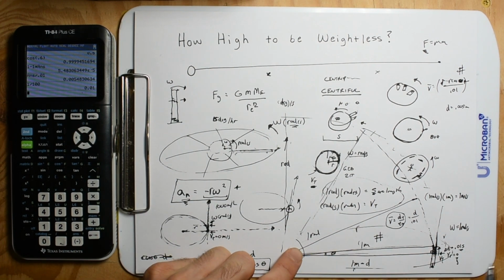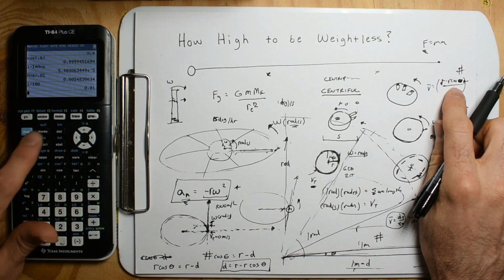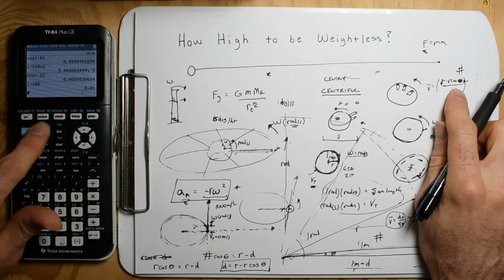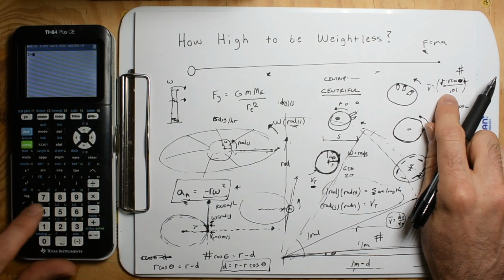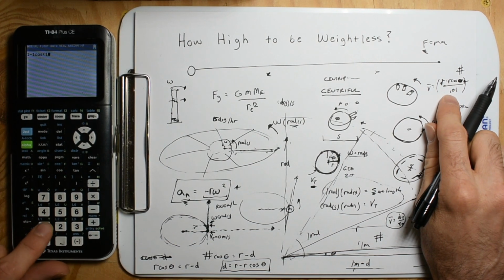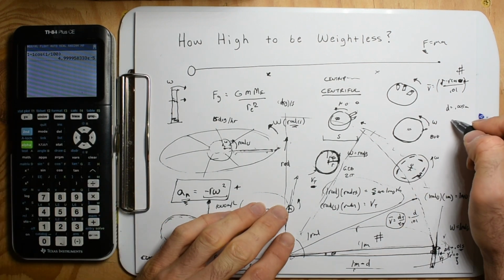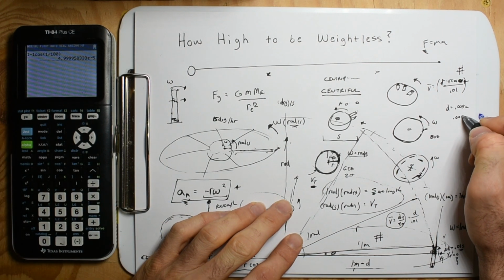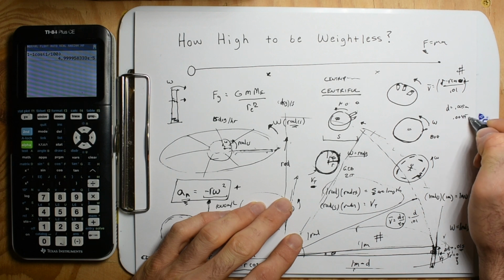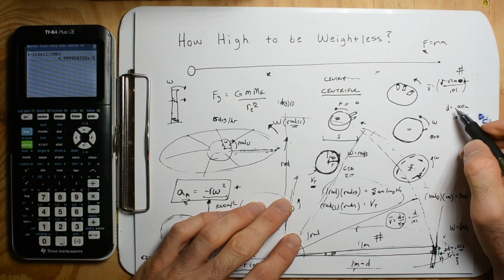So we change our calculator to radians, and we have 1 minus 1 cosine of 1 divided by 100. And cool, we basically get the same thing, 0.0049, a bunch of nines.